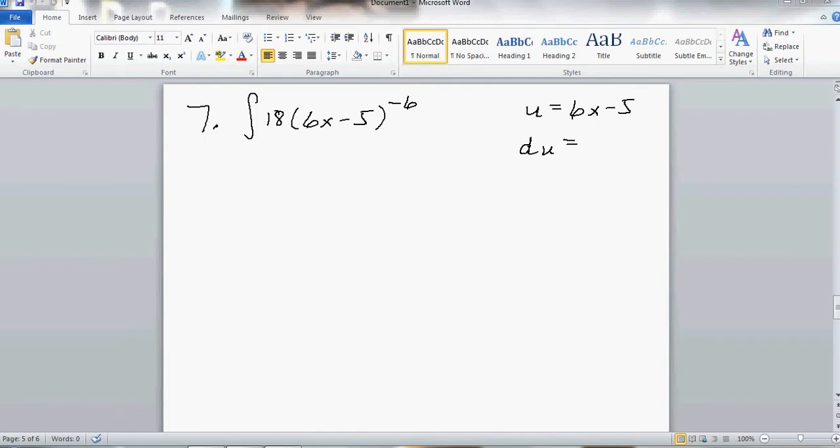Take the derivative of u, and get 6 dx, and solve for dx. That gives me 1/6 du. So substituting in, there's nothing to do with the 18. The 6x minus 5 is actually u now. So it's u to the negative 6, and whoops, this has to be a dx, because now dx is going to be changed in for 1/6 du.